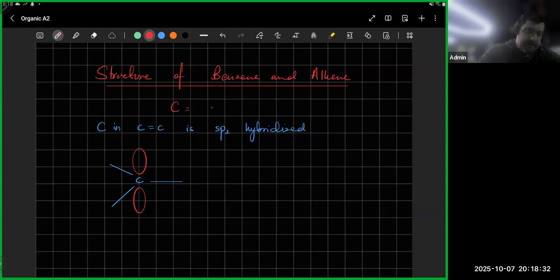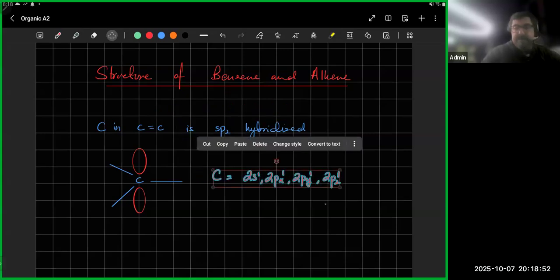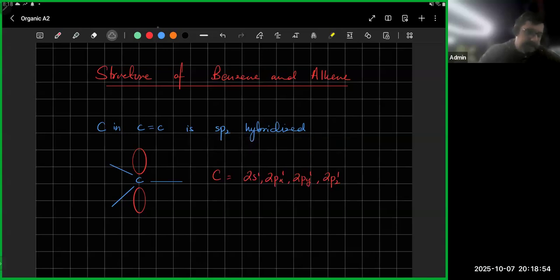Here is the outer shell of carbon: 2s2, 2px1, 2py1, 2pz1. These are the 4 electrons of carbon.